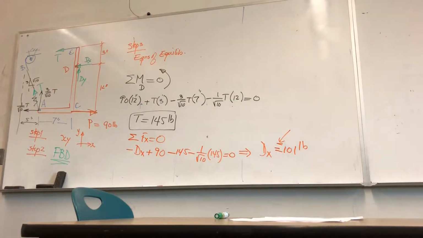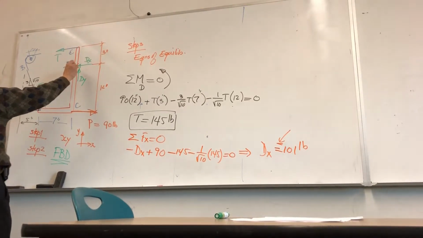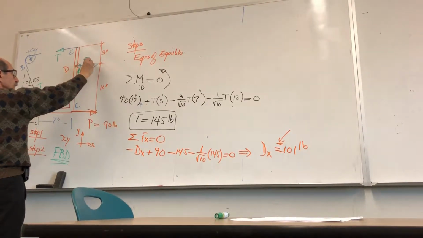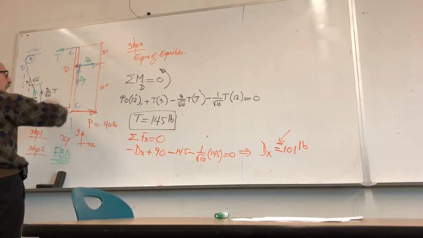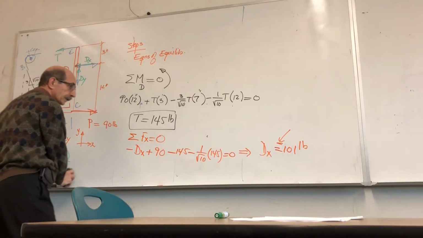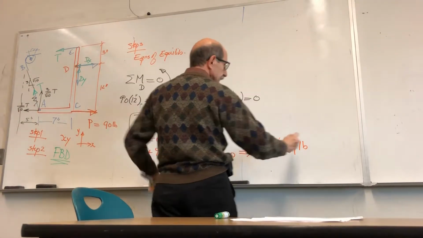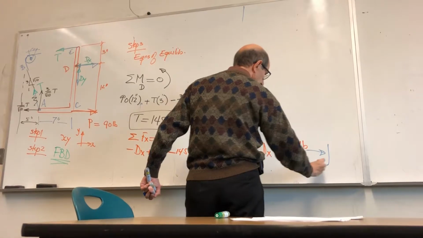If you solve for that parameter, Dx comes out to be negative 101 pounds. That means the assumed direction here is wrong, so you have to change this, which means of course you have to change this as well. So that would then be just 101 pounds acting in this direction.